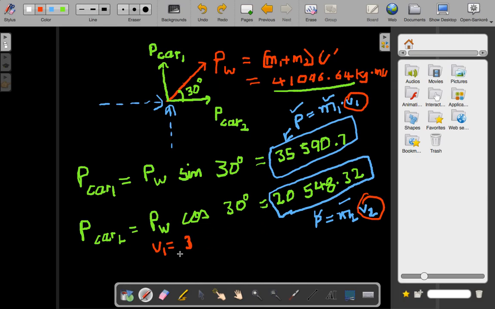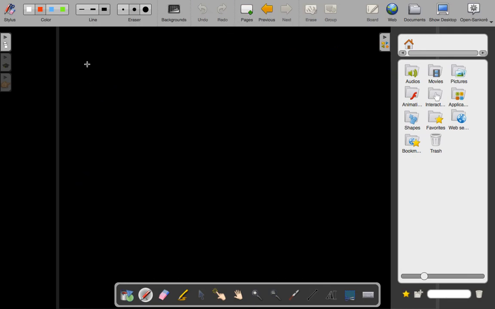Actually, you know what, guys? I think I'll do it on a new page because it's getting kind of crowded. So the velocity of the first car is the momentum of car 1 divided by the mass of car 1, which is about 32.36 meters per second.